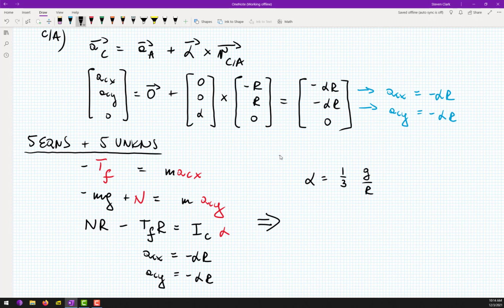Our TF is 1/3 mg. Our N will be 2/3 mg. And also our ACX and ACY will be minus 1/3 g and minus 1/3 g.